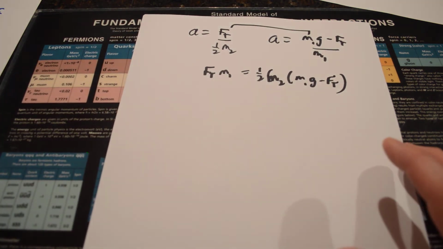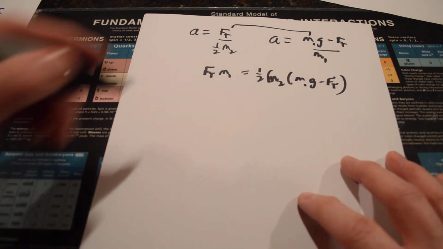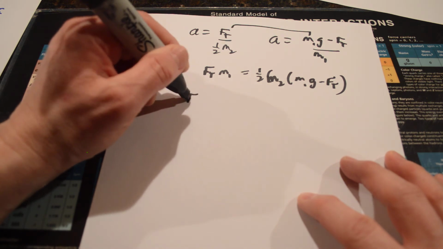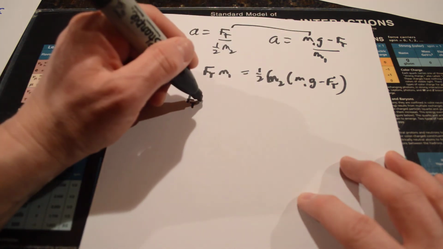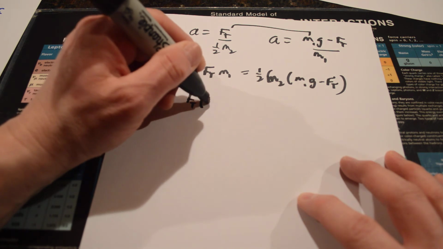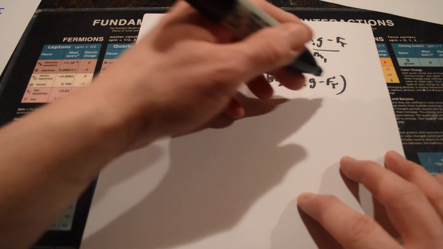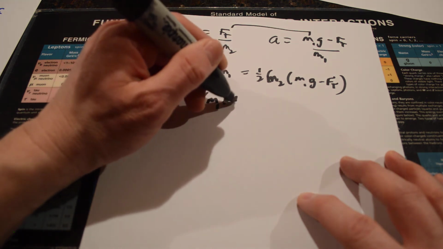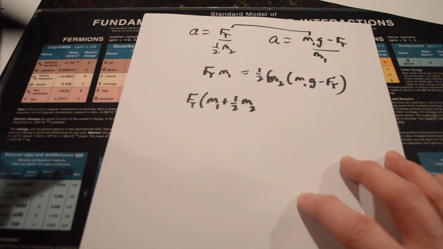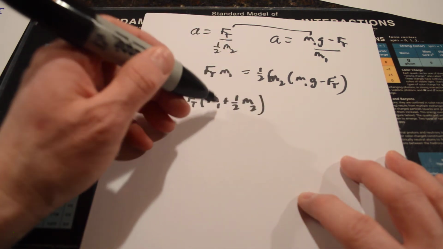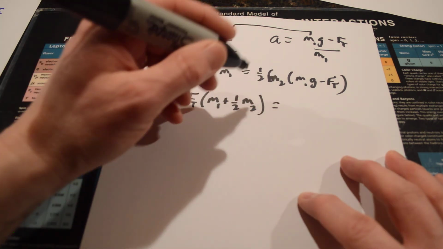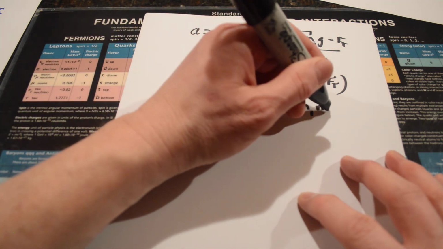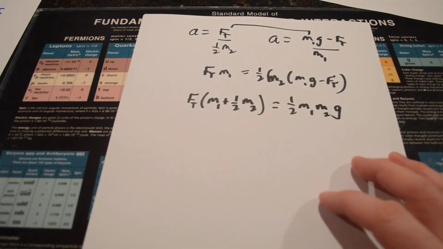And so you'd have to do a little bit of cancellation and moving things around, but if I bring this to the other side and do some factorization, move 1/2 M2 Ft to the other side, this is going to be Ft times M1 plus 1/2 M2, and on the other side it's going to be 1/2 M1 M2 times g.